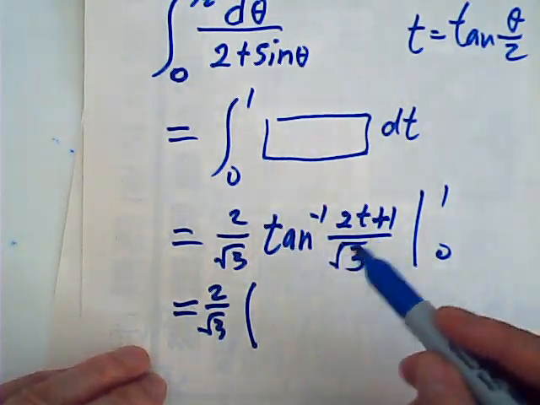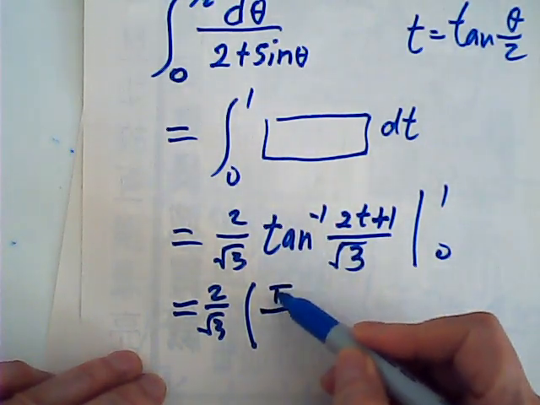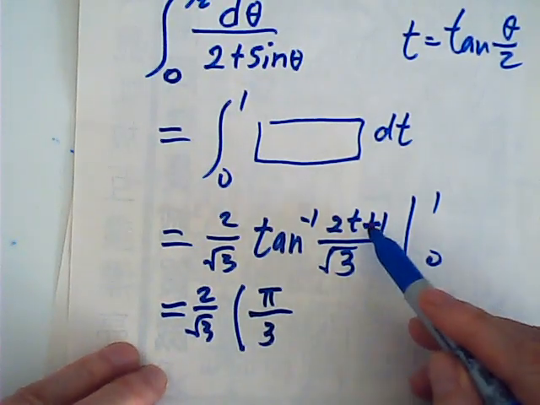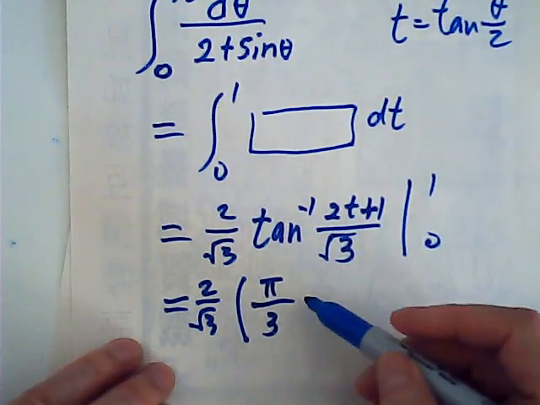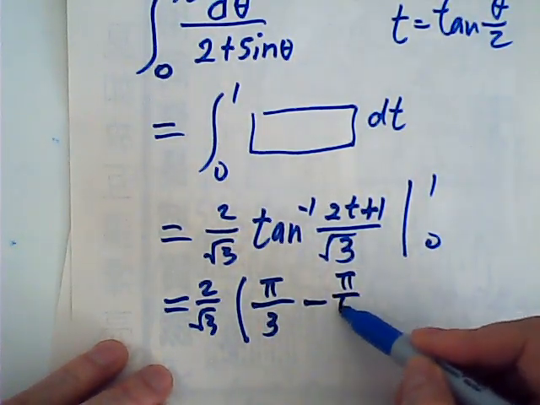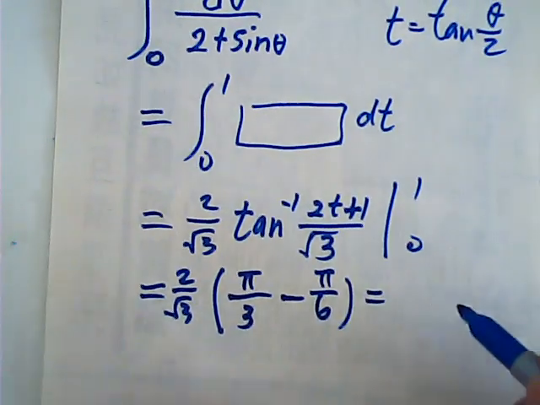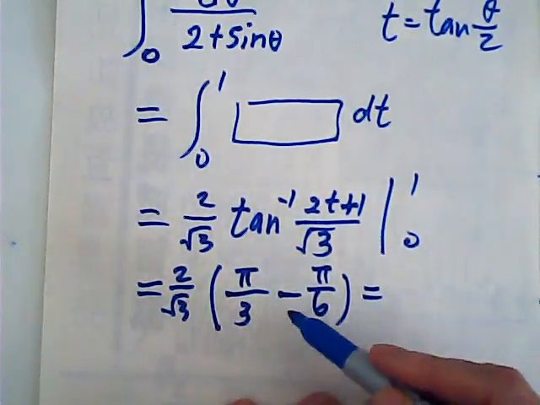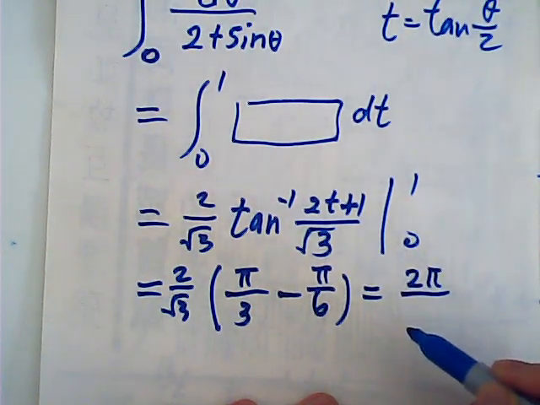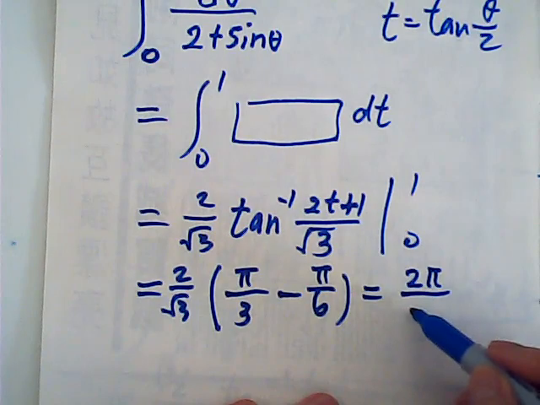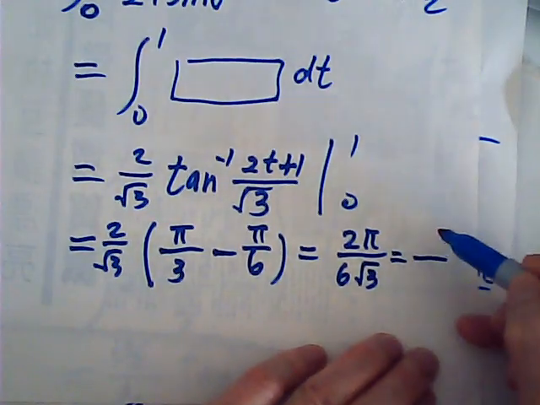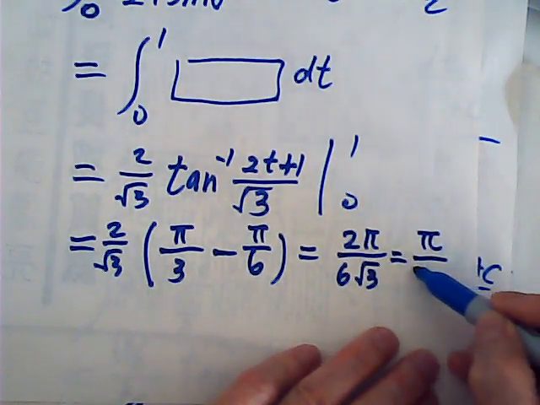Arctangent of root 3 is what? Pi over 3, right? When t equals 0, it is 1 over root 3. Arctangent of 1 over root 3 is pi over 6. So this is equal to 2 over root 3 times pi over 6, and this is equal to pi root 3 over 9.